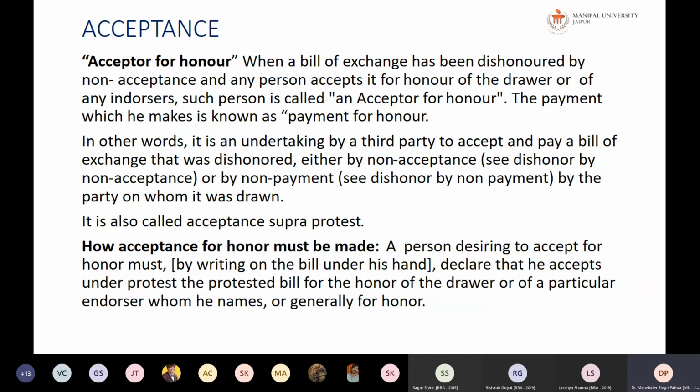An acceptor for honour is a person who accepts the bill when it is going to be dishonoured. He is actually accepting it for honouring the bill.